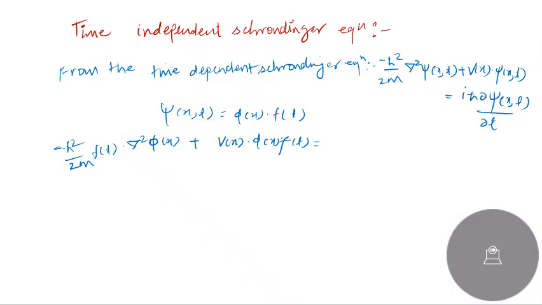So phi of x will come out from this partial differentiation.